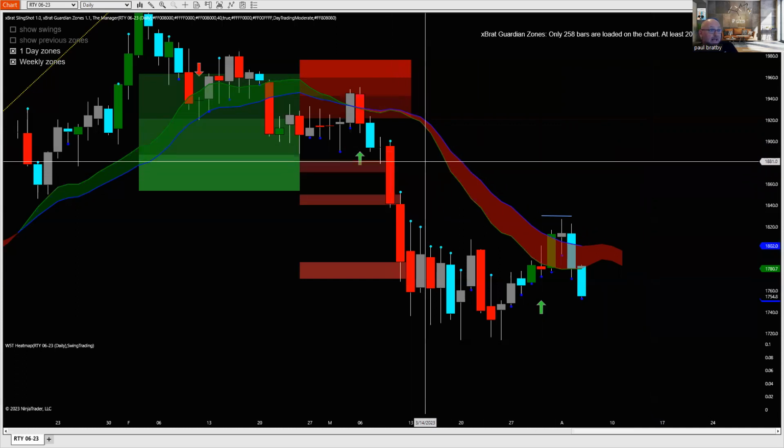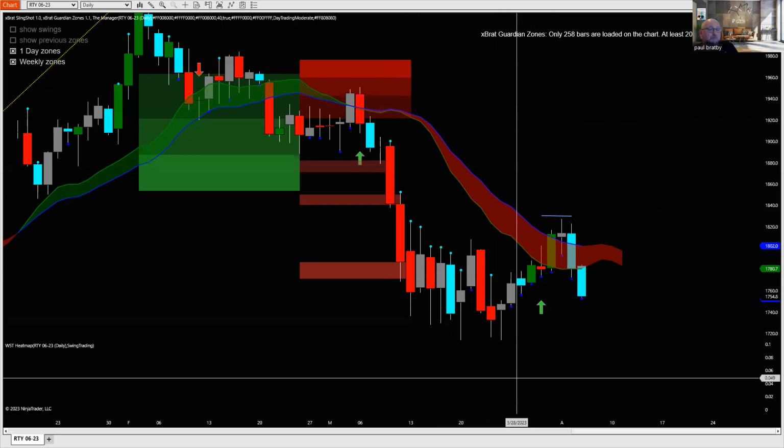So again, what we don't do with the manager at the moment is place signals or markers on the chart. This is something that I want to do with SlingShot, that we start to build in these strategies, because obviously things evolve.